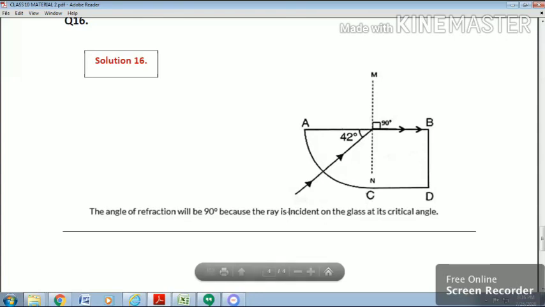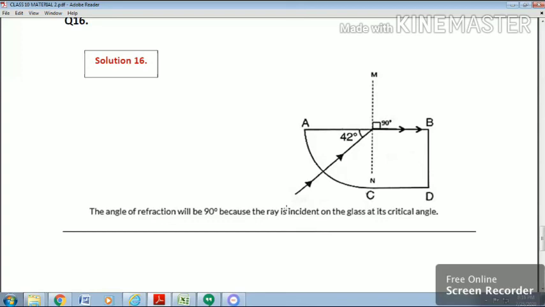Now, one numerical problem we will discuss. This is question number 16 in my book. Just you watch whether it is 15 or 17 in the new book edition. Here they have given a diagram and they are asking: a ray of light enters a glass slab ABCD, as you can see in this diagram, and strikes at the center O of the circular part AC of the slab.